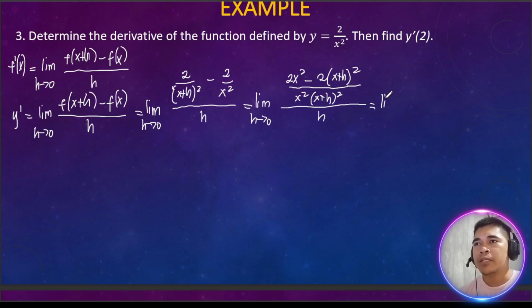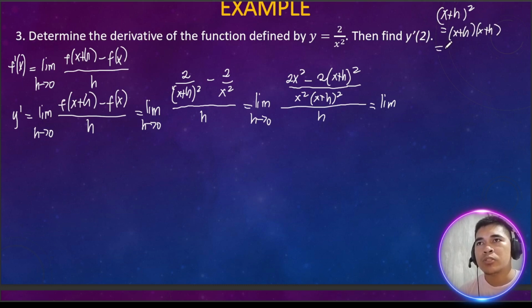Next, simplify. Limit the square of x plus h. The result is, so the square of x plus h, that is x plus h times x plus h. So you get x squared plus hx plus hx plus h squared.